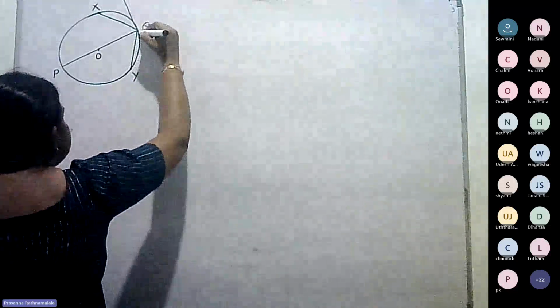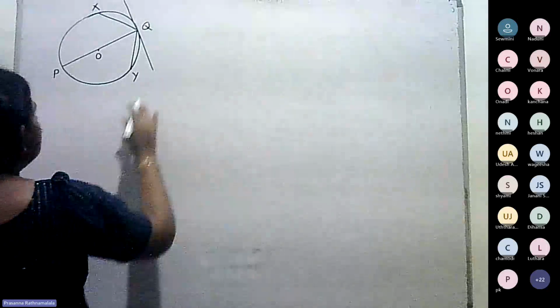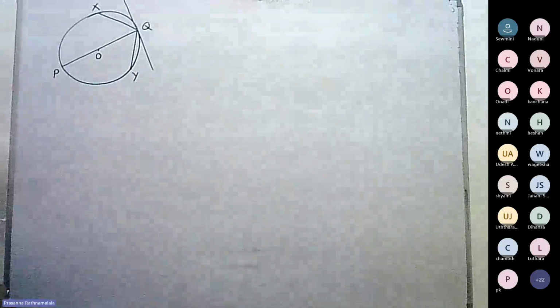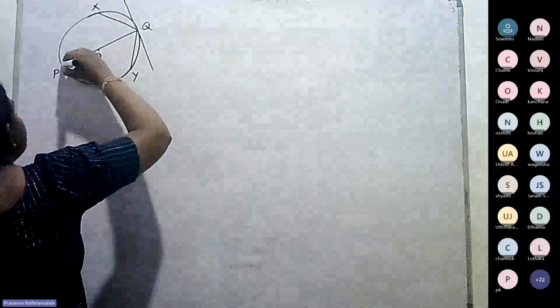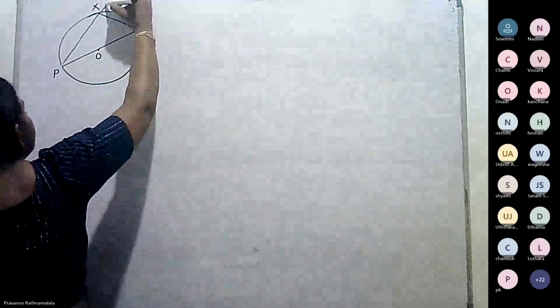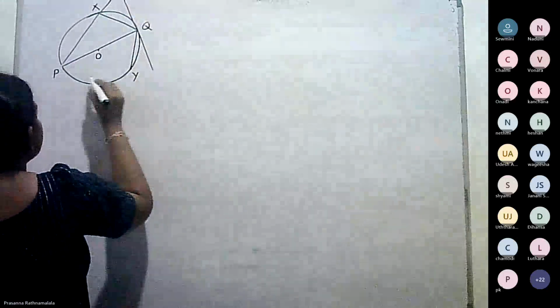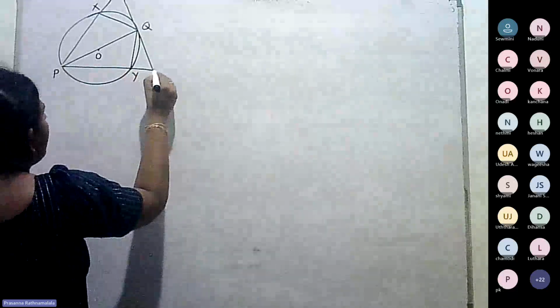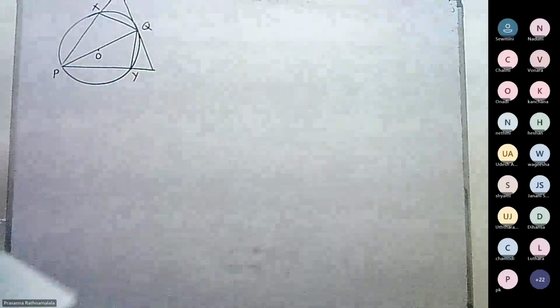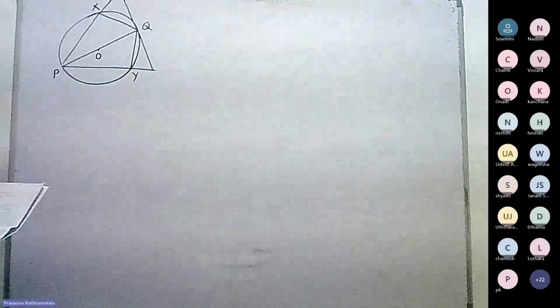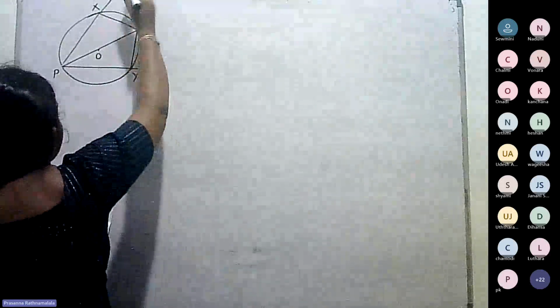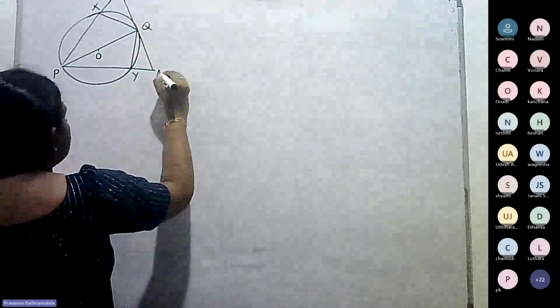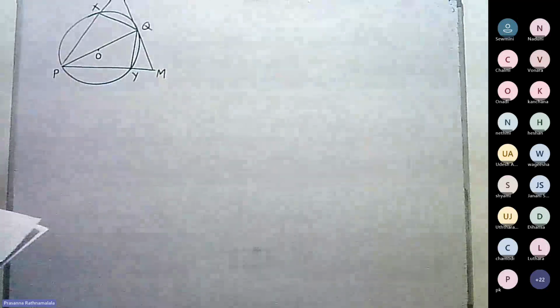Here is the tangent drawn at Q, then produced PX and produced PY intersect at L and M respectively.